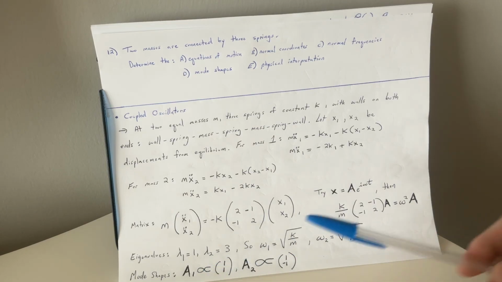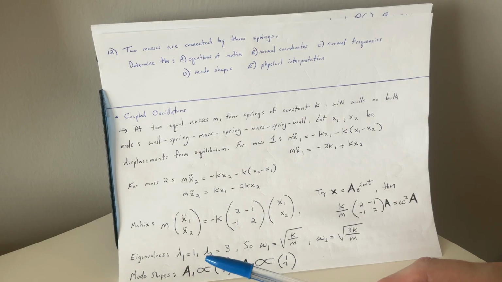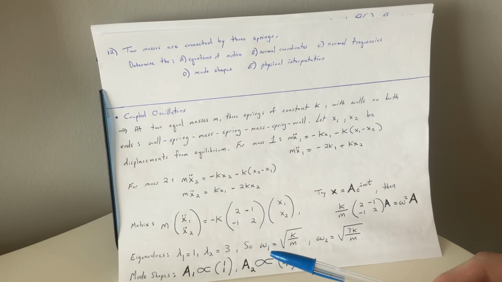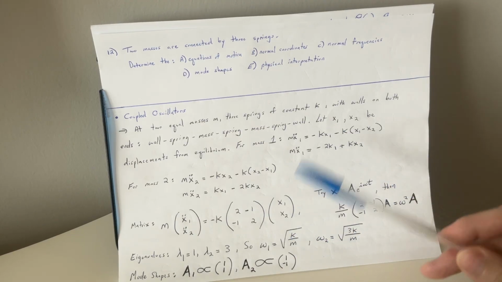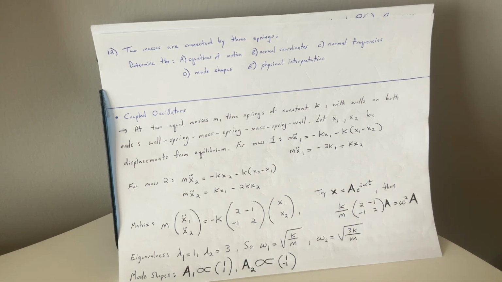Our eigenvalues come out to lambda 1 is 1, lambda 2 is 3. So omega 1 equals the square root of k over m, and omega 2 equals the square root of 3k over m. Our mode shapes are: a1 proportional to the column 1, 1, and a2 proportional to the column 1, negative 1.